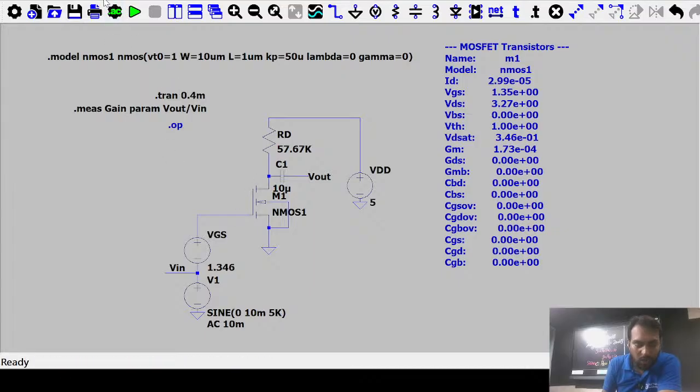Okay, and go to View, and you have the SPICE output log, and the gain has failed. Why has the gain failed there? The gain has failed. Okay. It is okay that the parameter is like this.